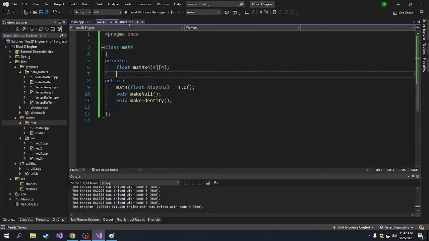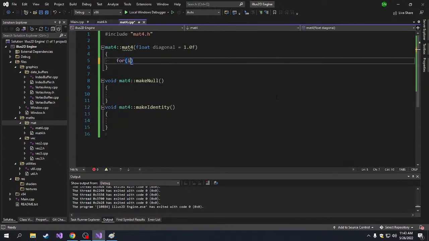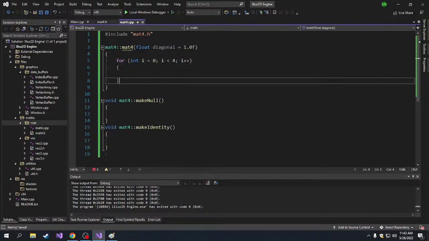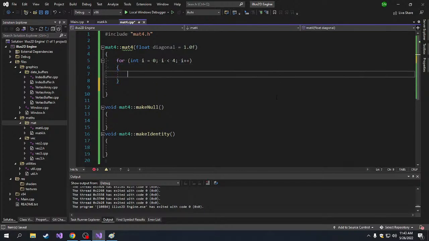Alright, so we have this array for our matrices. For the constructor with the diagonal, we'll make a loop with i equals 0, i less than 4, incrementing the value of i, and we'll do mat4 over 4 times i, so it's going to get the diagonal. We'll set it to the value of the diagonal, basically that's it.